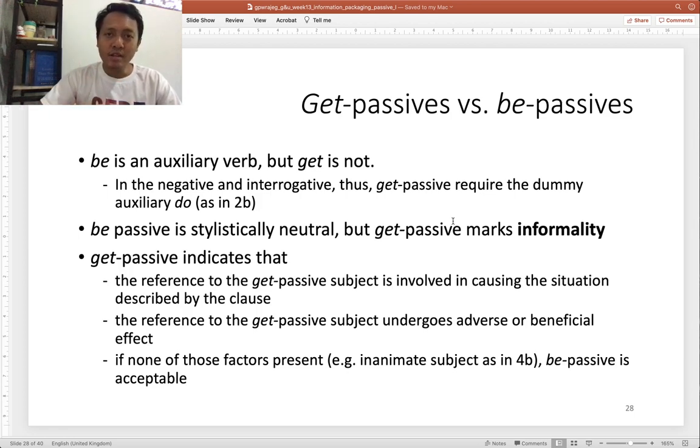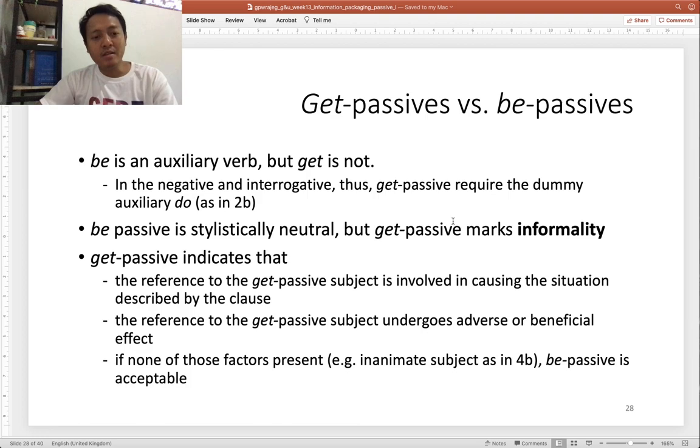In terms of interpretation, get passives indicate that the referent of the get passive subject is understood to be involved in causing the situation described by the clause. In other words, the subject of the get passive has some involvement in causing the situation that is described by the clause.